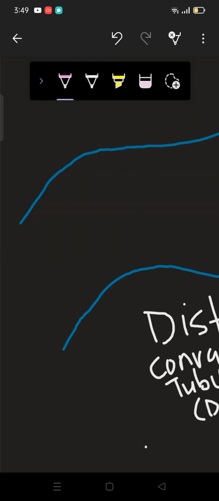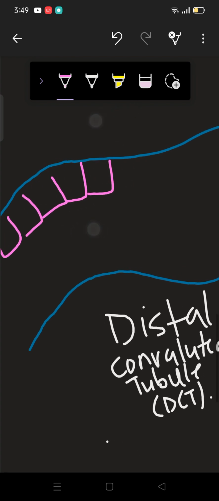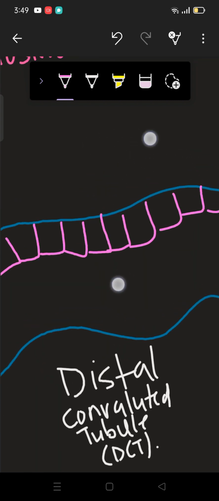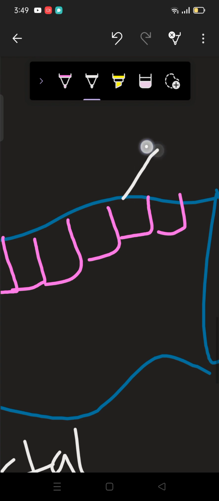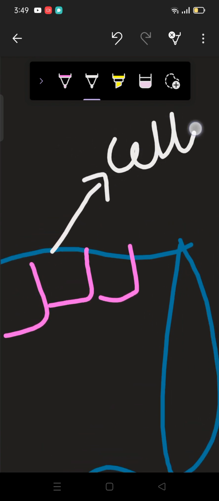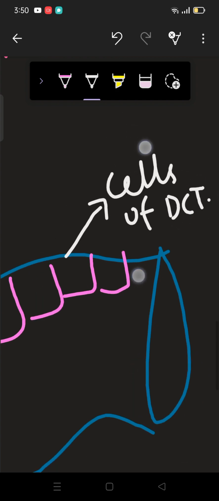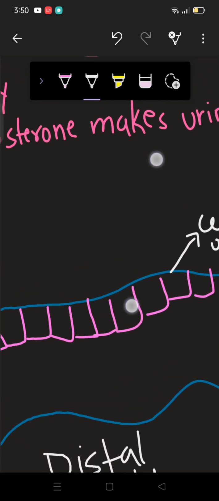So here I am going to make those cuboidal epithelial. Alright, these are what? These are cells of DCT. Alright, so now what will be happening?